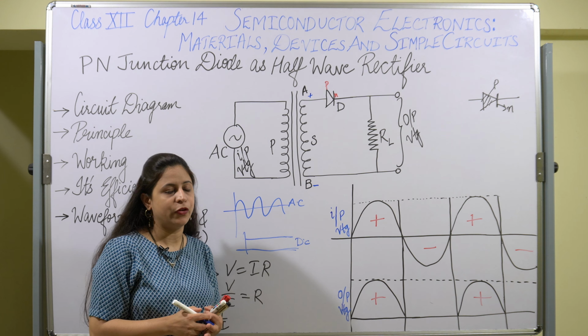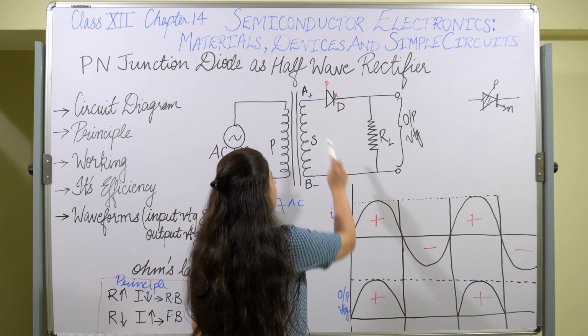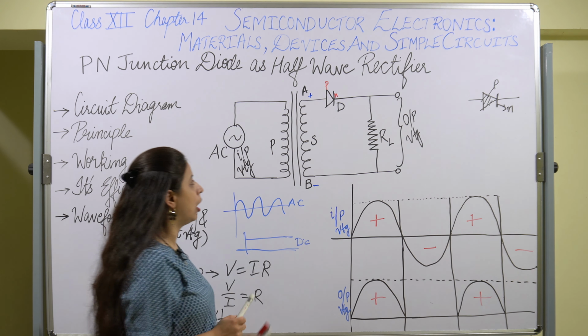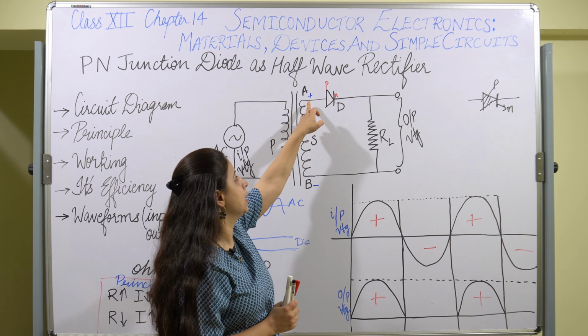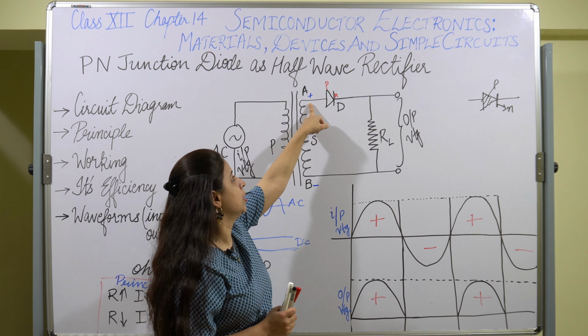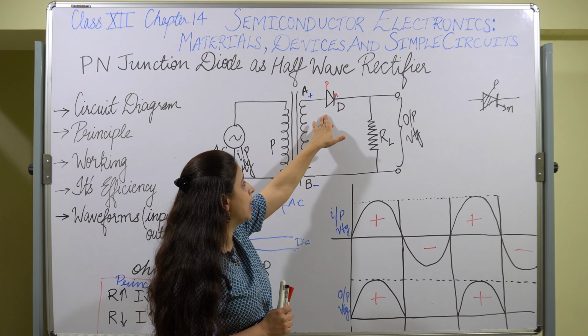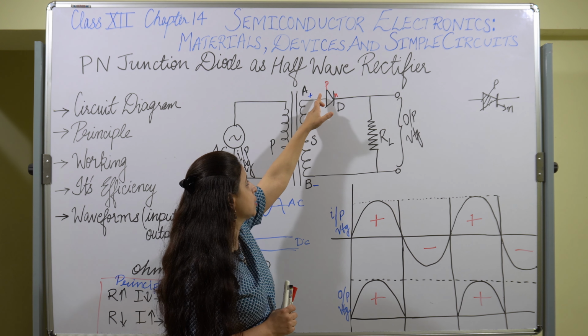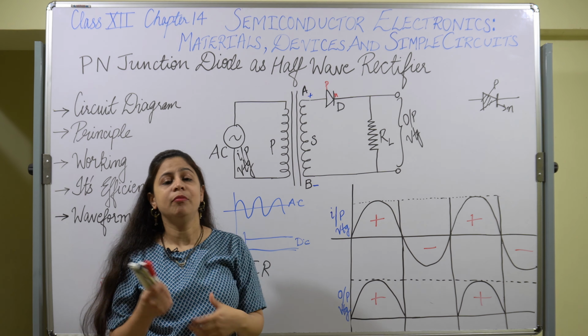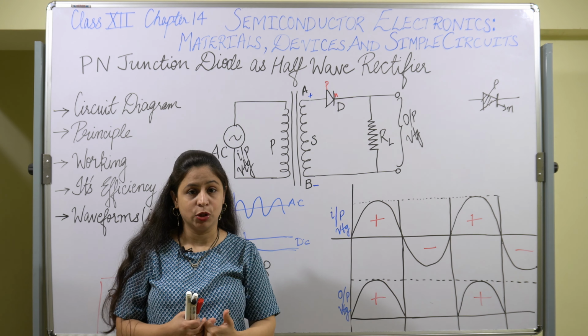In the first phase, my positive terminal will be A. Now the P-type semiconductor is connected to the positive terminal. The diode having the P-type semiconductor connected to the positive terminal means it becomes forward biased.